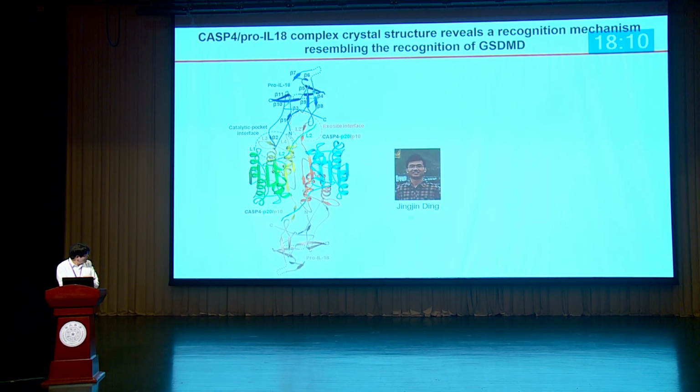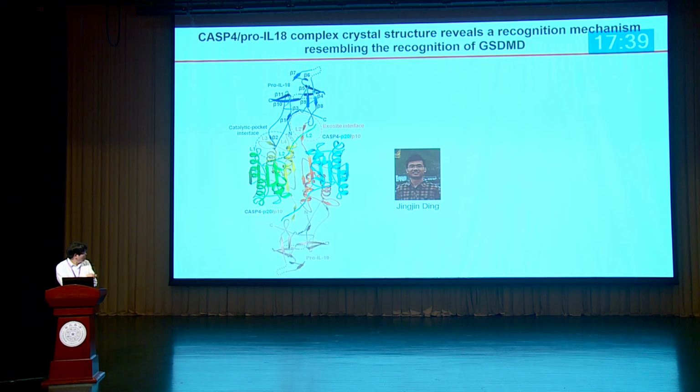In collaboration with Dr. Jingjing Ding's lab at the Chinese Academy of Sciences, we co-crystallized the active form of caspase 4 in complex with pro-IL-18. All the active caspases are dimers, as you can see. Once the dimer is formed, you see this little beta sheet in the active caspase 4. This little beta sheet will recruit and bind pro-IL-18 and put the cleavage site into the catalytic pocket.